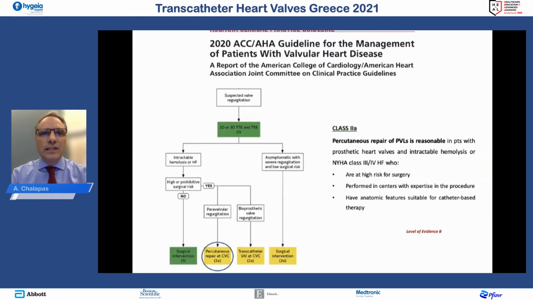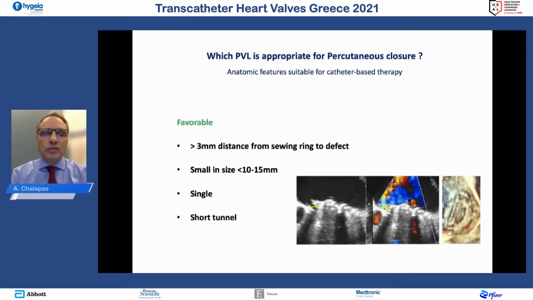Recently, the guidelines from the other side of the ocean, the American guidelines, upgraded this indication to 2A, and they recommend these procedures to be performed in centers of expertise when there are suitable anatomical features having to do with the size, the complexity, and the distance of the defect from the sewing ring.